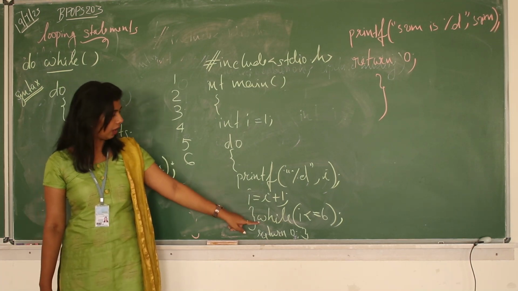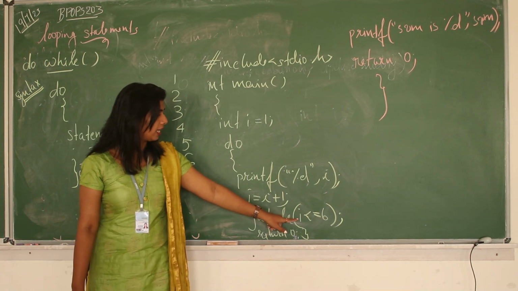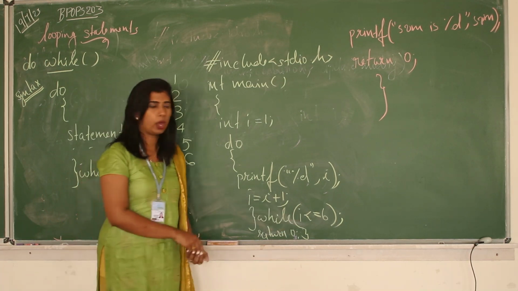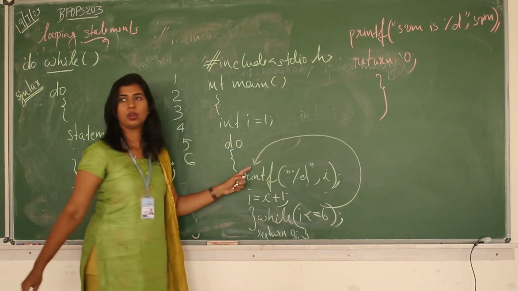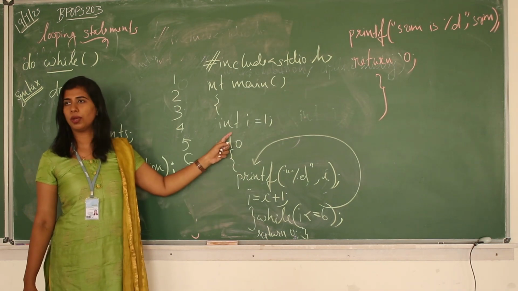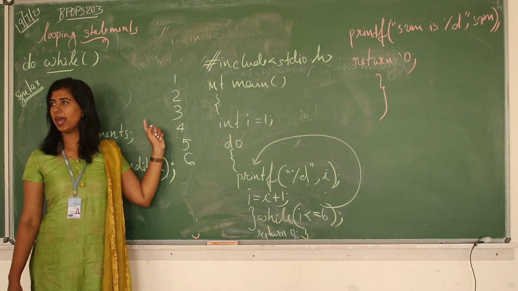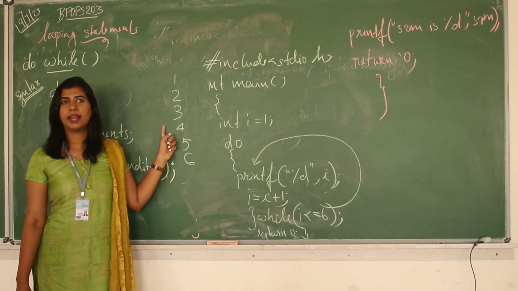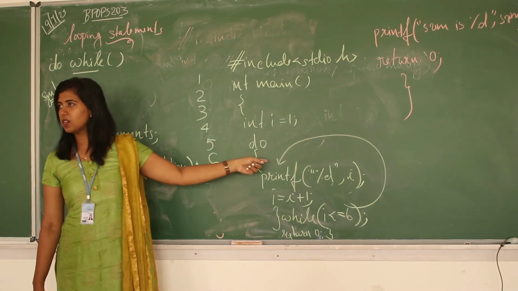After that, coming to this while part, we are checking the condition. Then if the condition is true, then only it will go back inside this do while. The condition is false, it won't go inside. So that is the major difference between while and do while. While is called as entry control loop and do while is called as exit control loop.